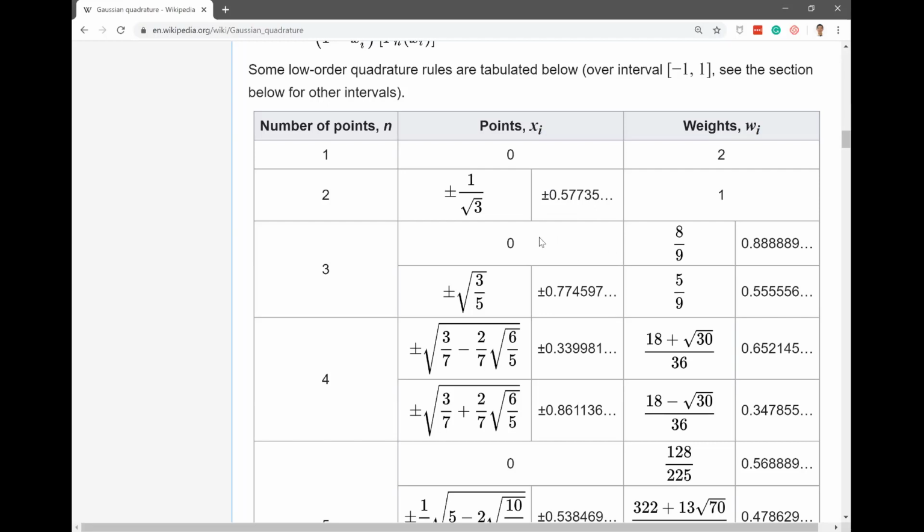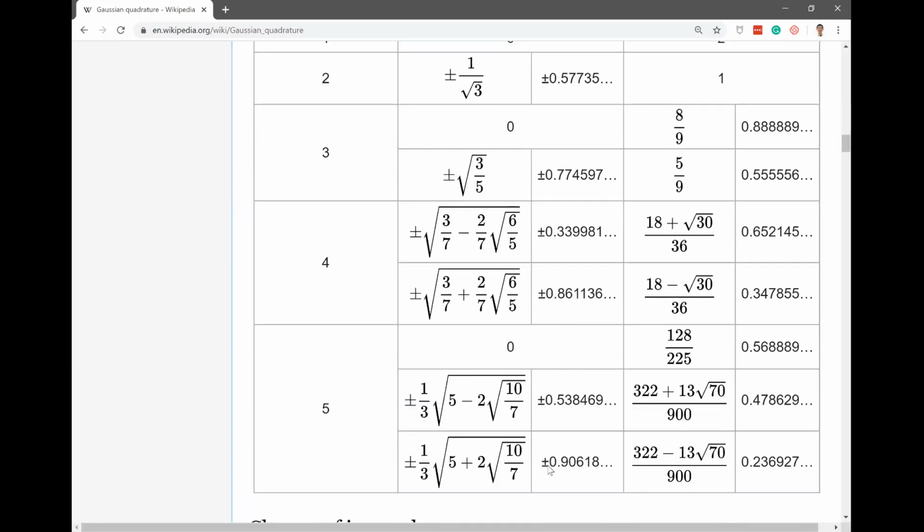All right, and as you add more and more points, you have a bunch of increasingly complex distributions of points. And in MATLAB, there are functions you can use to calculate the points and the weights for higher order Gauss quadrature.